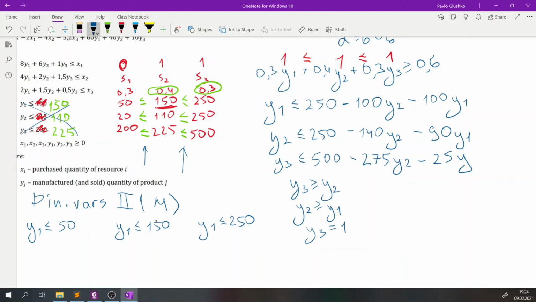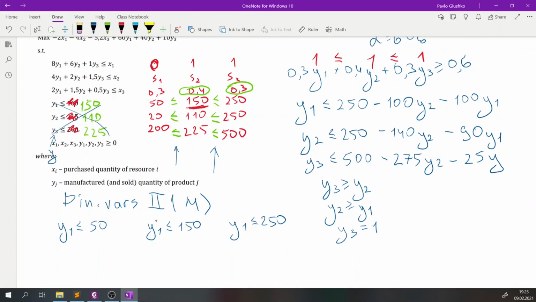Oh, actually, I just saw that we have some problems with the decision variables, because we call the decision variables for production amount y, and we call these binary variables also y. Even though these are different variables, we need to use some other notation to avoid problems. Let's use z instead of y.